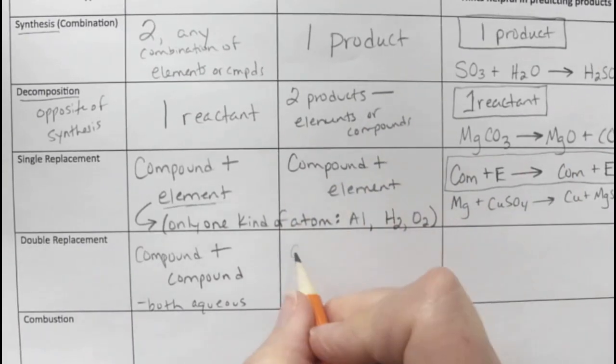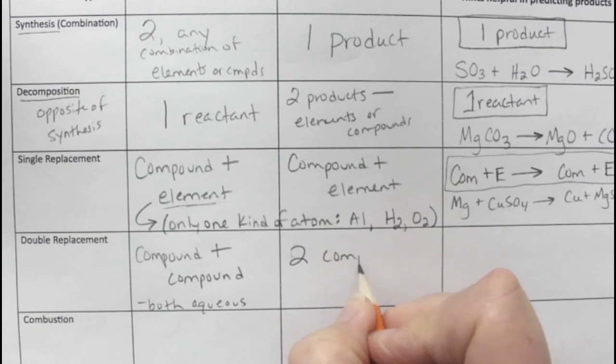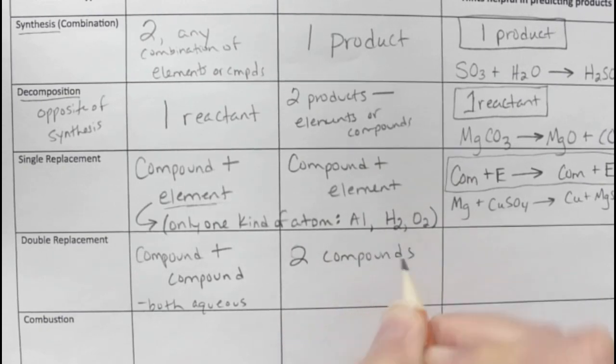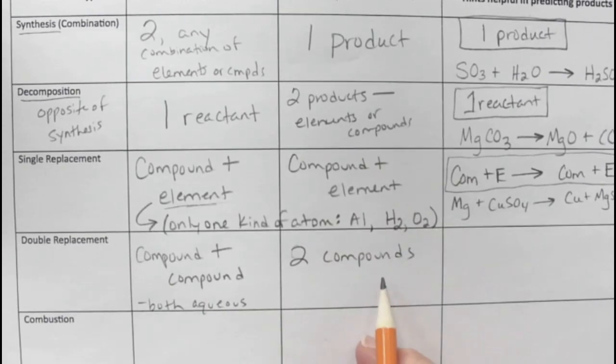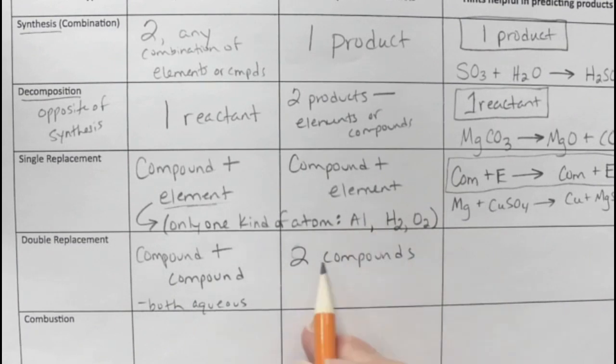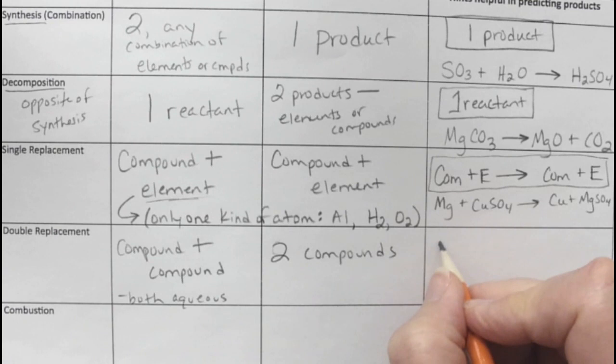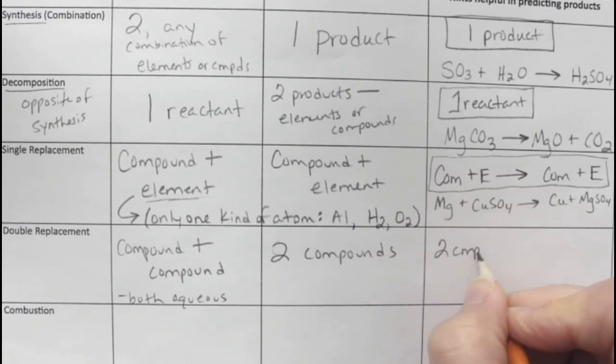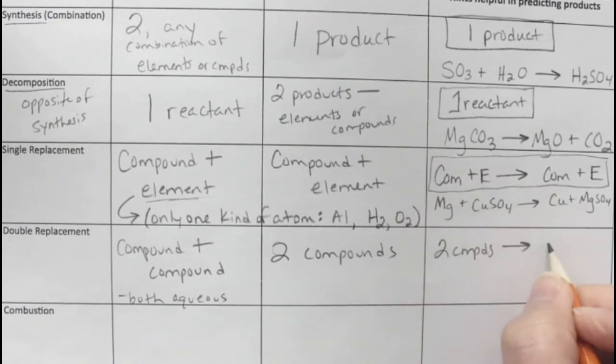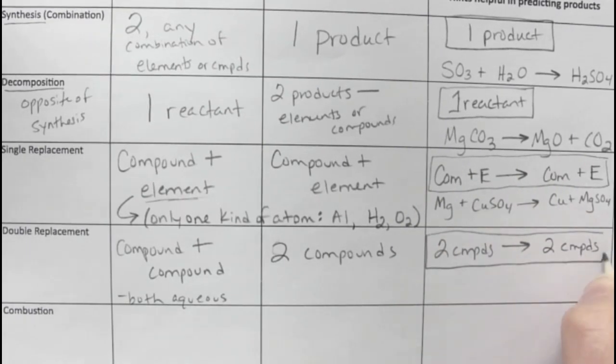Products, we're just going to have 2 compounds. So 2 compounds here, 2 compounds here. Up here was a compound and element. This is going to be 2 compounds, 2 compounds. So 2 compounds, and then on the product side, 2 compounds. That's our hint for double replacement.